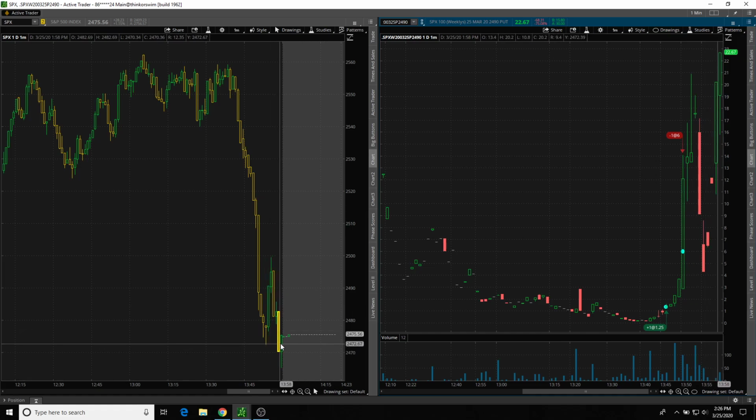SPX closed at, I think, 2475. So this option would have expired in the money for roughly $15. So had I let it expire, I would have made $15 on this contract versus closing it, minus what I paid for it, $4.25.